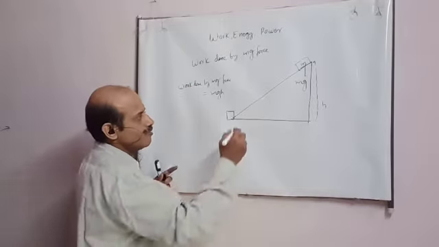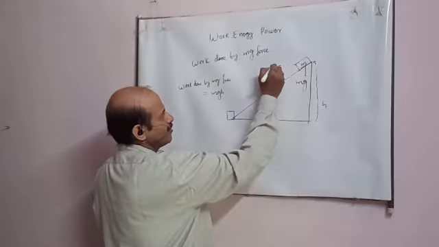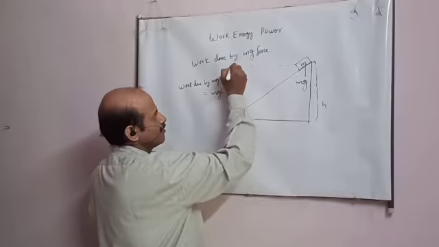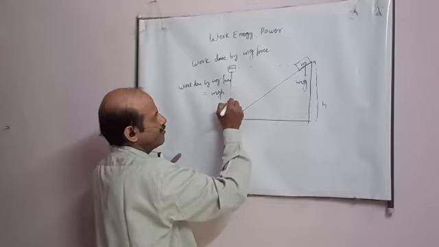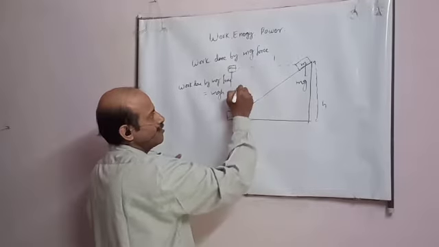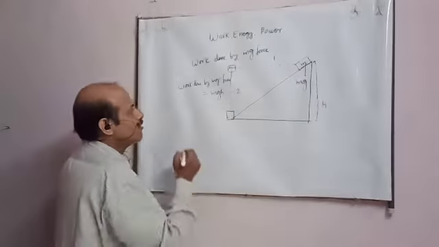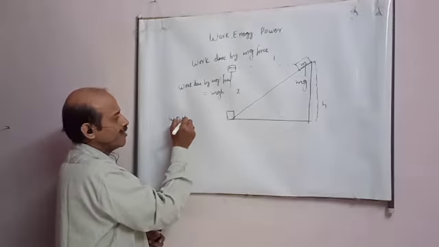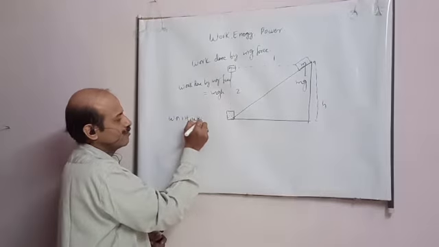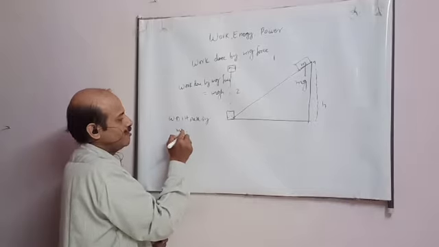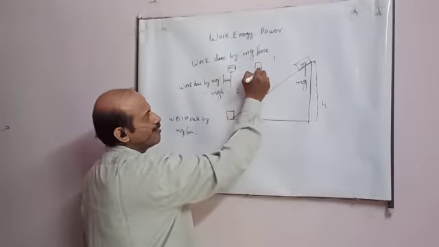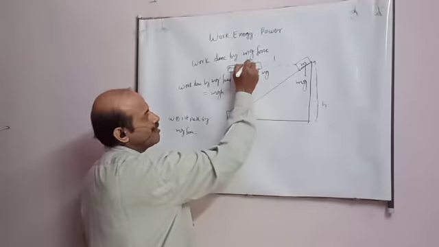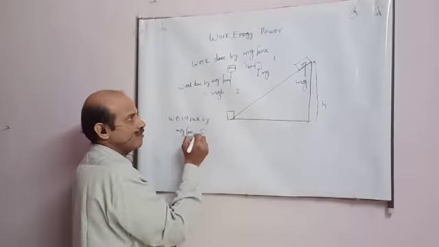Now suppose, student, this block is first brought along this way, and then along this way. First path, second path. So work done in first path by mg force: see, the force is always acting downside and the displacement was perpendicular, so work done in path 1 is 0.